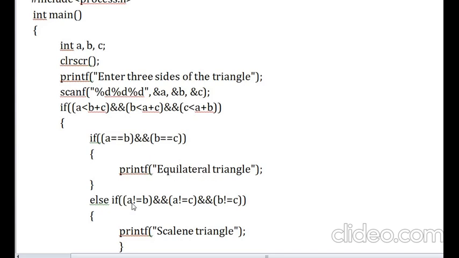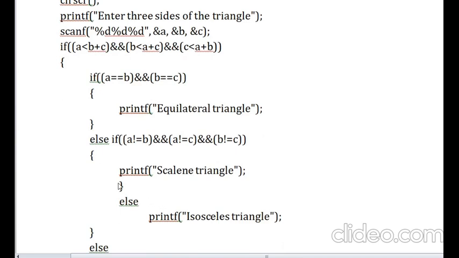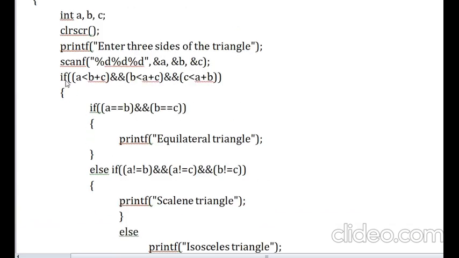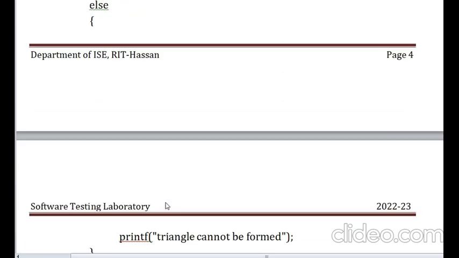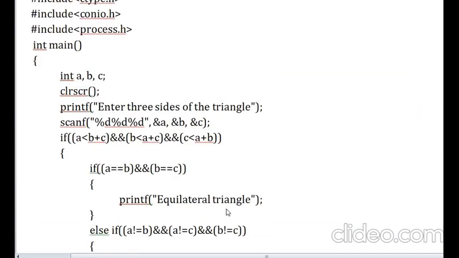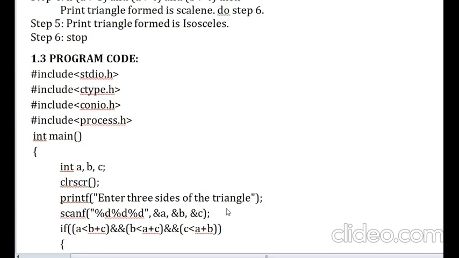Else if a not equal to b and a not equal to c and b not equal to c, then print scalene triangle, with no equal sides. Else print isosceles triangle. If the first if condition is not satisfied, it directly prints that the triangle cannot be formed. So this is the source code of the triangle program.